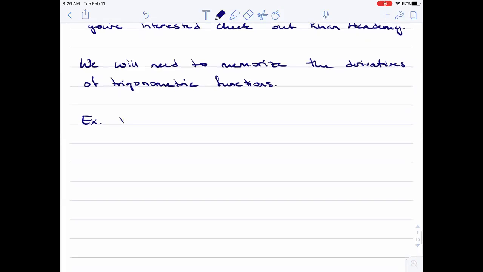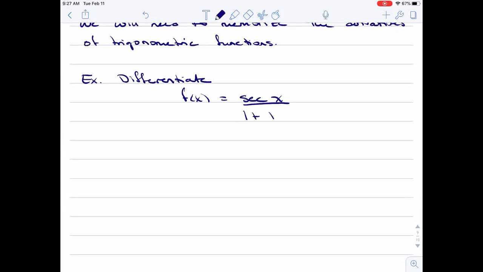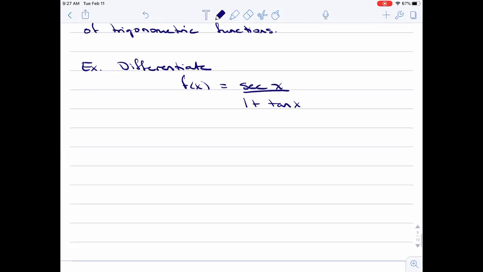So if we have to differentiate f of x equals secant x over 1 plus tan x, we're going to differentiate that, and then we're going to think about, for what values of x does f have a horizontal tangent line?